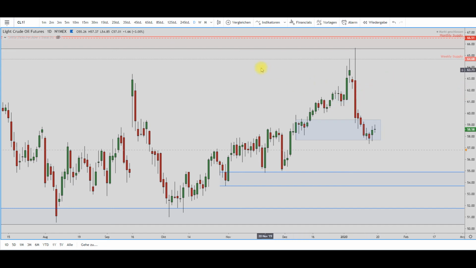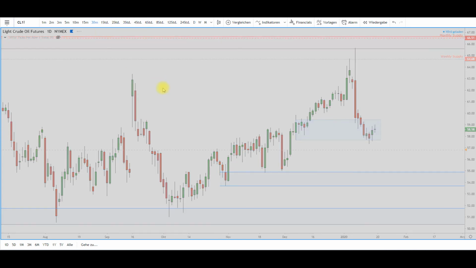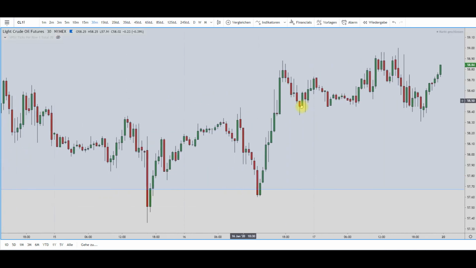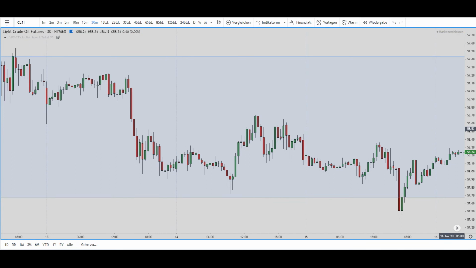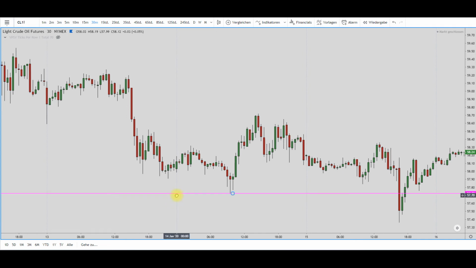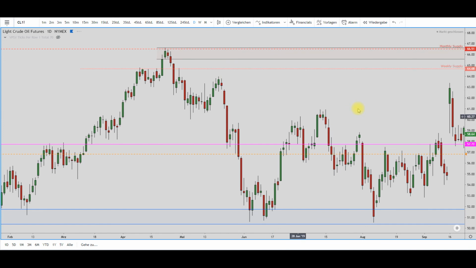So going down to my favorite time frame, the 30-minute chart. Let me take this off. That was here. This was the low of the zone that I just showed on the daily chart. Let's go back daily.